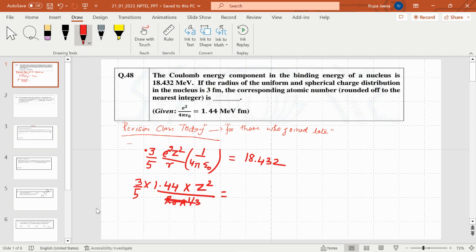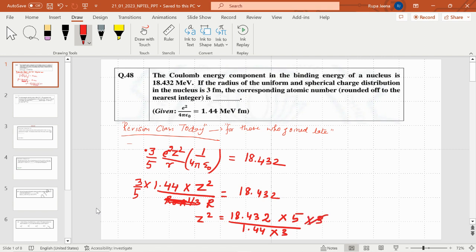There is no need to do this directly with r, because in the question the value is 18.432. So Z square is 18.432 into 5 upon 1.44 into 3. And what is the value of r?